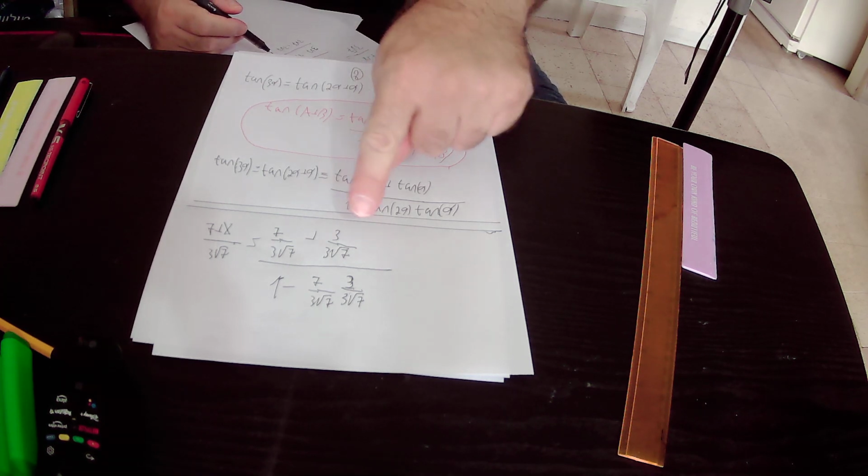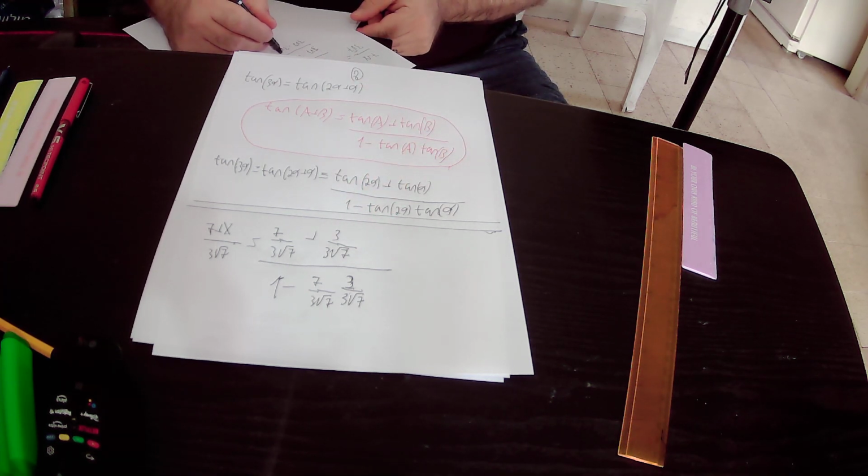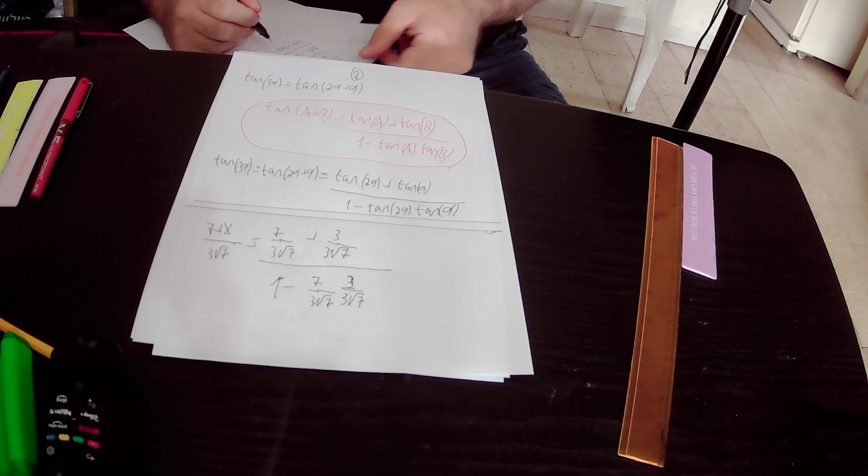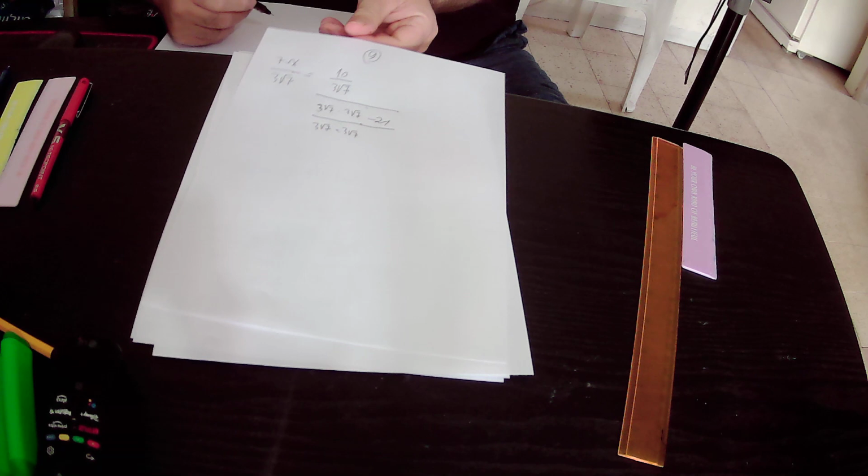So here we will have 7 times 3 is 21. So in total we got this expression.